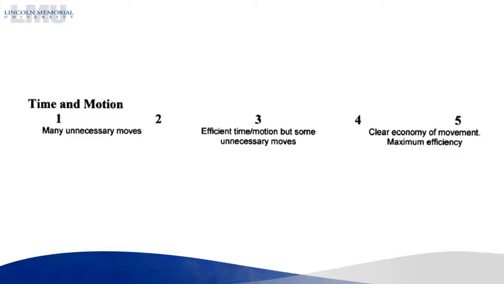In other words, the student is only taking those measures that are needed, and they have a maximum efficiency as a result. And some words here to highlight help you decide where the student falls on a 1 to 5 scale. When we look at unnecessary motions, many of them is going to put us at a 1. Some of them puts us at a 3, and that maximal efficiency is going to put us at a 5.